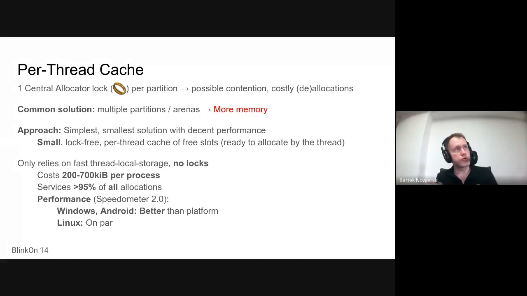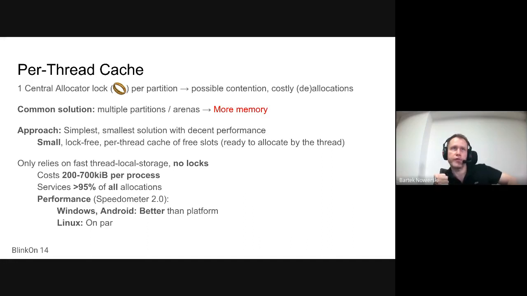One possible solution would be to split PartitionAlloc into more partitions, since the lock is per partition. But that would actually increase fragmentation and cause more memory usage. So we don't want it. We want to come up with the simplest, smallest possible solution that still has decent performance.